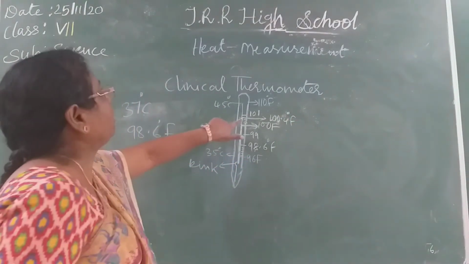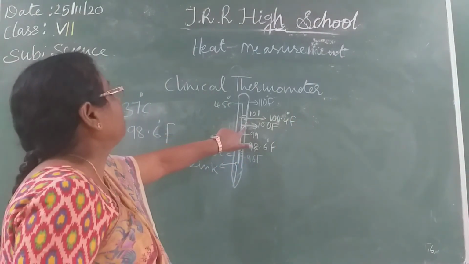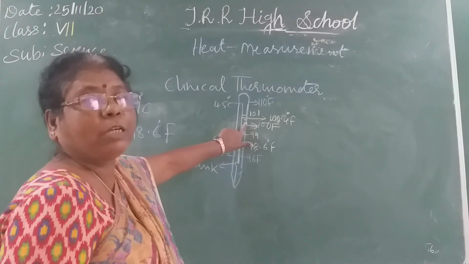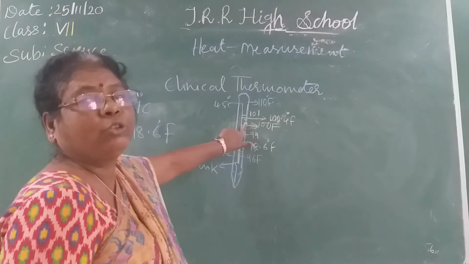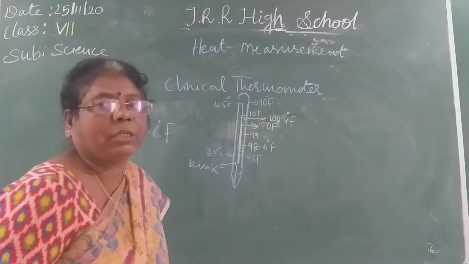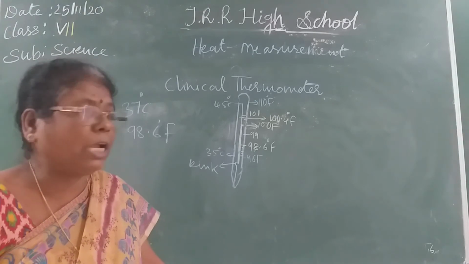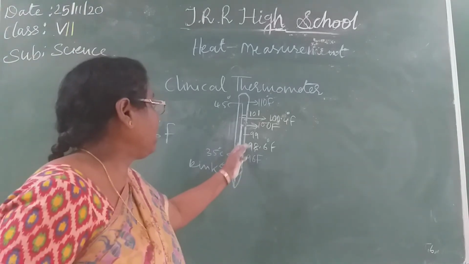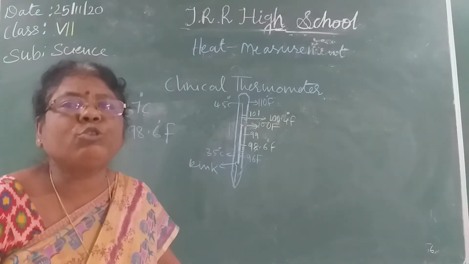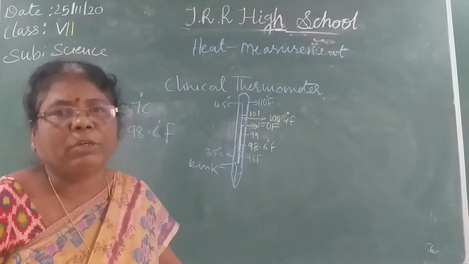In this you have to read again in points. So at 100.4 degrees Fahrenheit you are suffering from fever. If the mercury level rises above 98.6 degrees Fahrenheit, then you are suffering from fever.